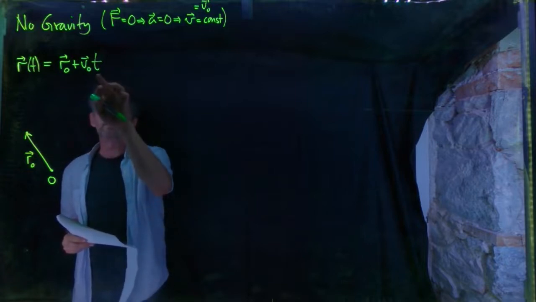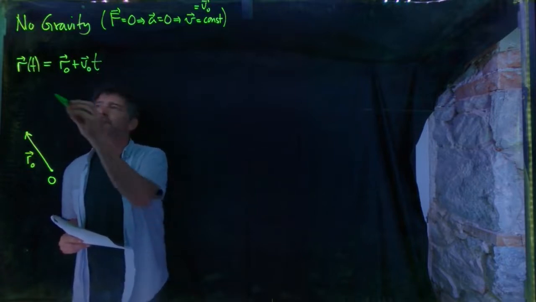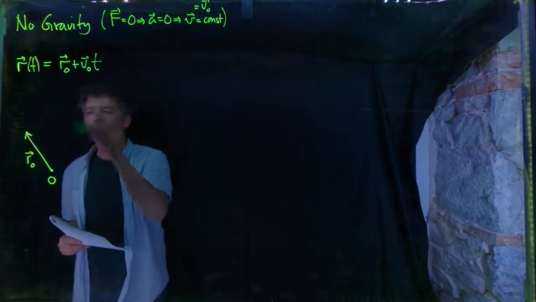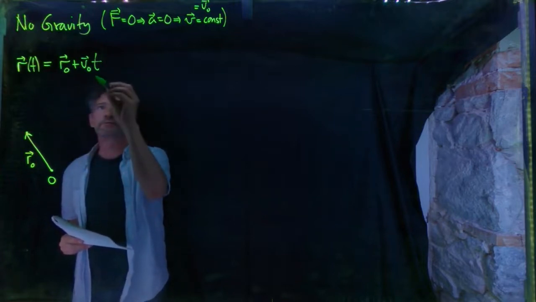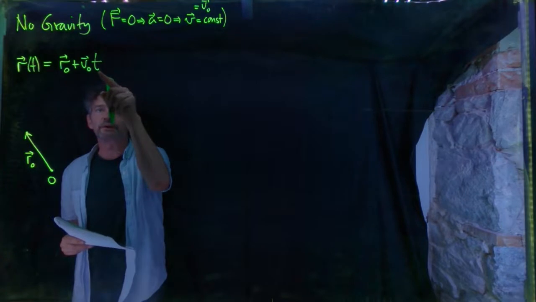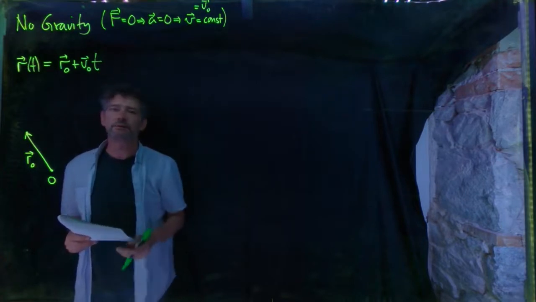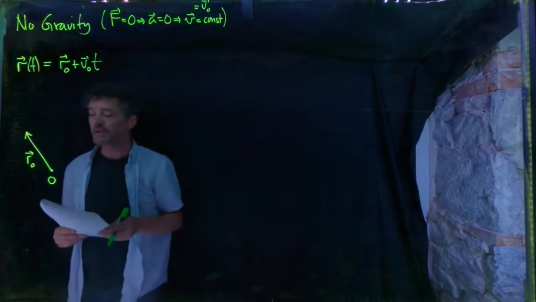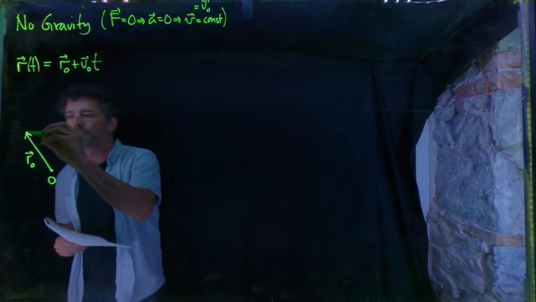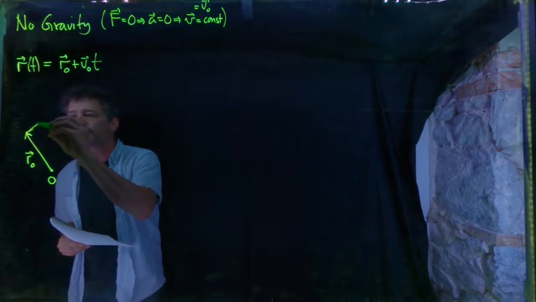When t is equal to 1 second, then we're saying that the position of the particle at t equals 1 second is the vector r0 plus the vector v0 times t. So v0 is a velocity, meters per second, times 1 second is meters. So v0 times 1 second is the displacement, the vector displacement of the baseball in 1 second.